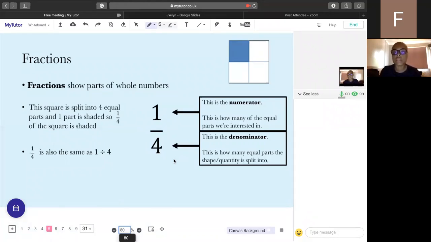The numerator, the top number in your fraction, represents how many parts we're interested in, and the denominator, the bottom part, represents how many equal parts we've split our shape or quantity into. A fraction also represents a division, so a quarter is the same as 1 divided by 4.